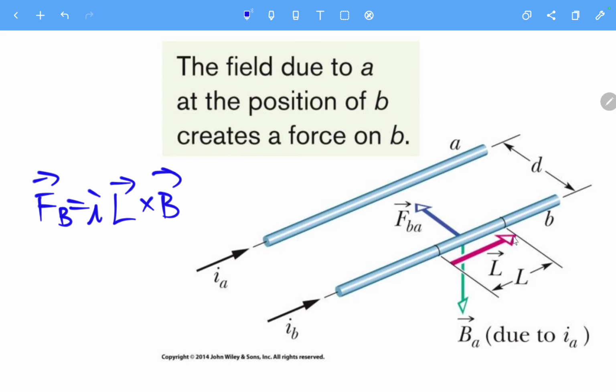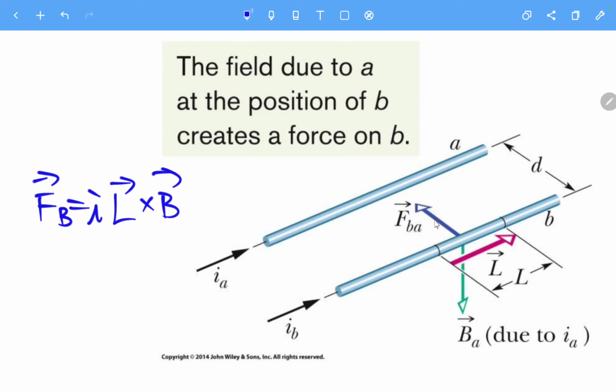So L is pointing to the top right, and then B is pointing downward, as I mentioned. So BA is pointing downwards. We apply the right hand rule, L cross B, L points to that side, and then cross B. So FBA points to this side.